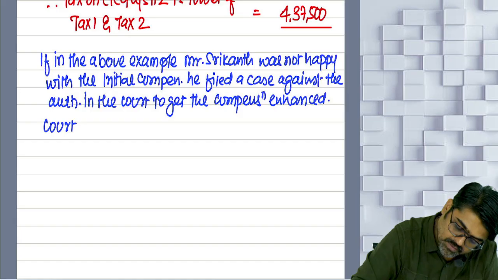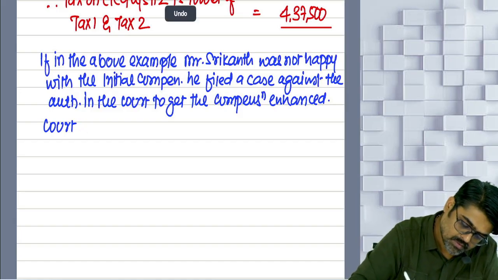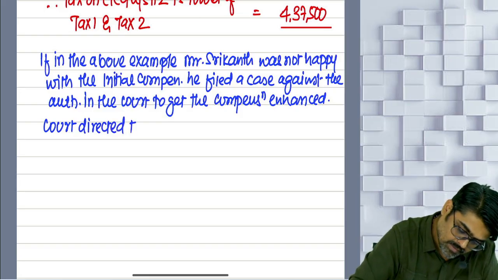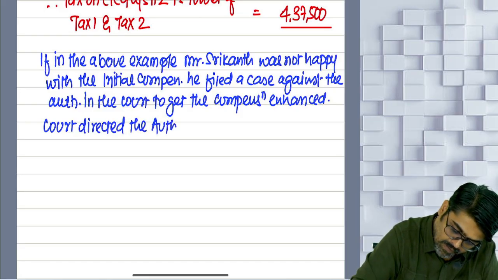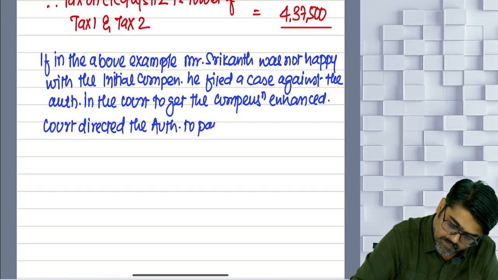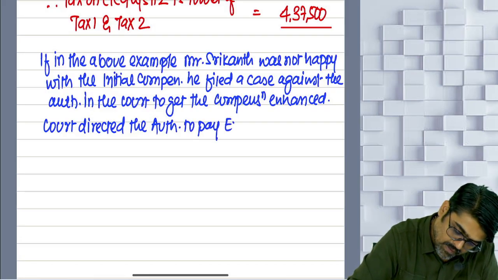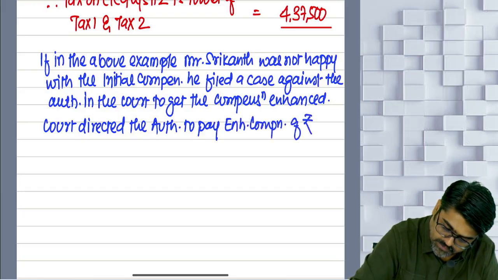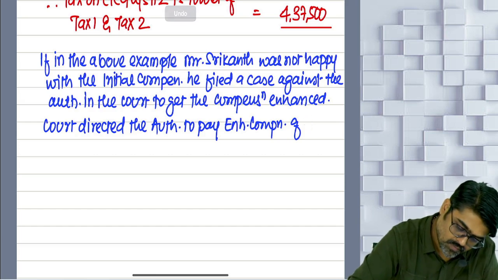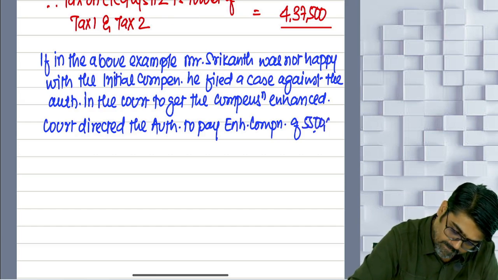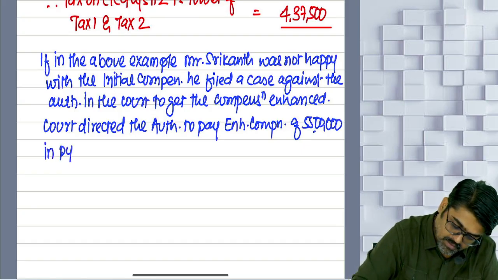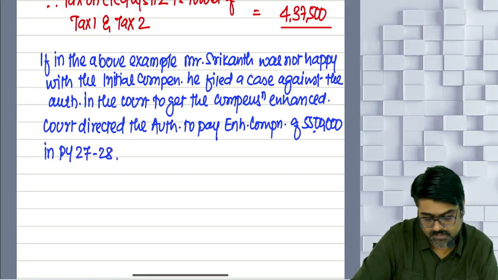The court directed the authority to pay enhanced compensation of rupees 55 lakhs in previous year 27-28.